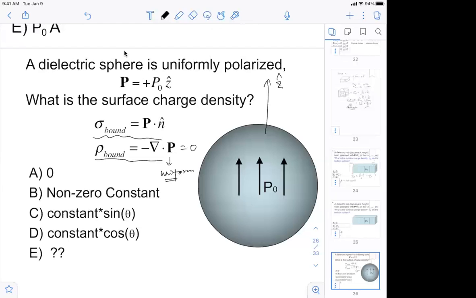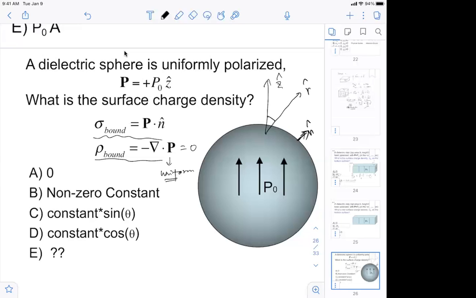So we're looking at the dot product between the polarization, which is pointing upward in the z direction, and n hat. For a sphere, n hat is really in the radial direction, right? So it's really just going to be the r hat direction.